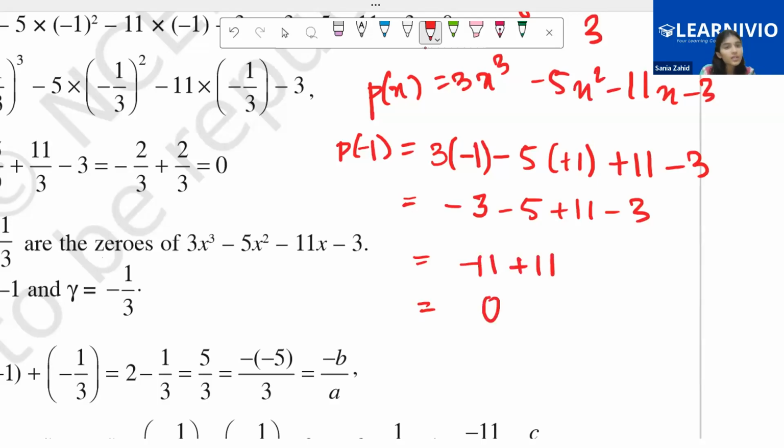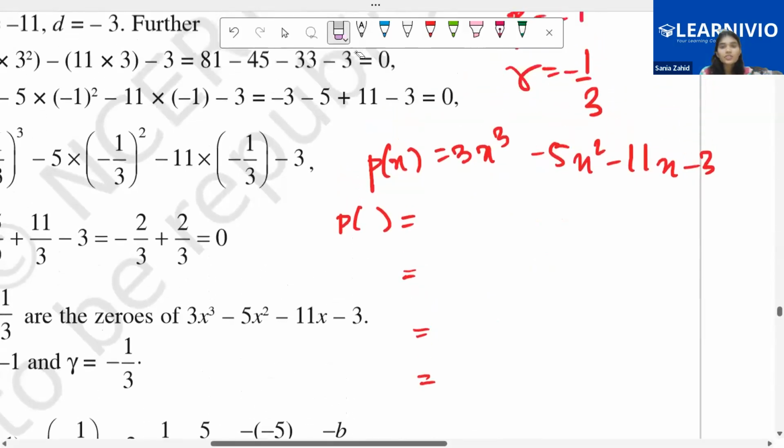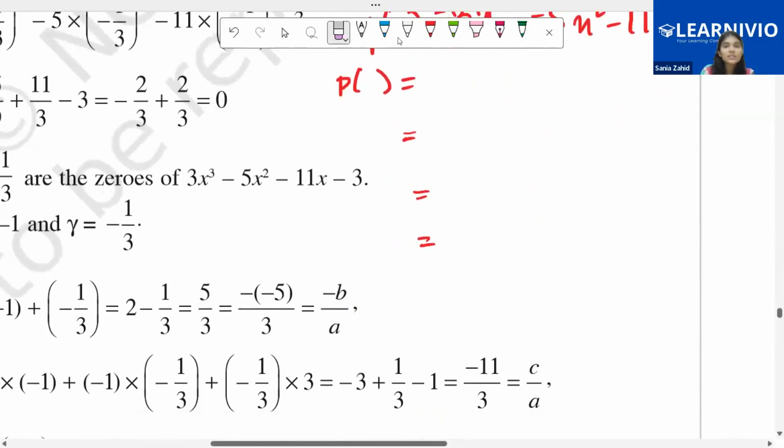So is -1 a zero of the given polynomial? Yes, ma'am. Yeah, it is a zero of the given polynomial. So again, just write yes. Next, what we have is alpha and beta, you verify. Next you have is gamma is -1 by 3.